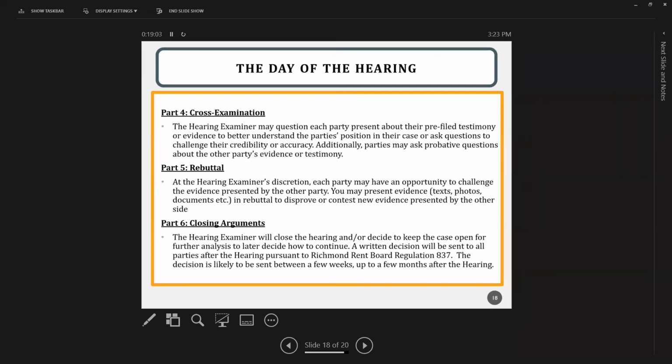At the hearing examiner's discretion, each party may have an opportunity to challenge the evidence presented by the other party. Evidence may be presented in rebuttal to disprove or contest new evidence presented by the other party.